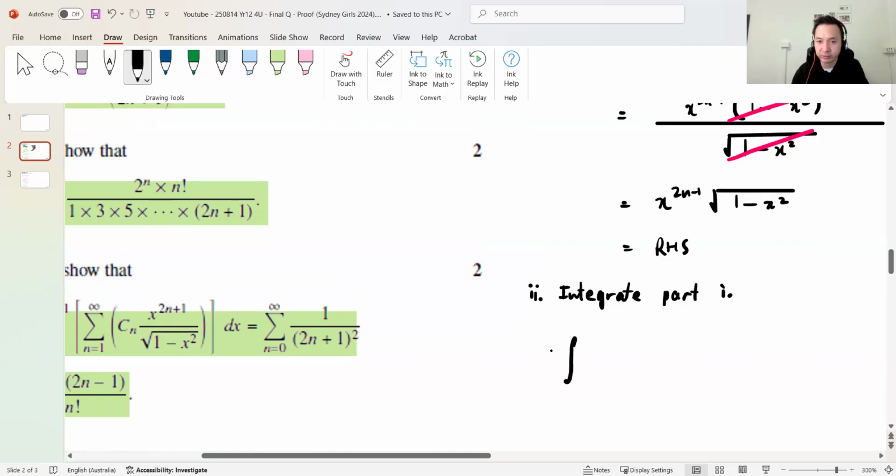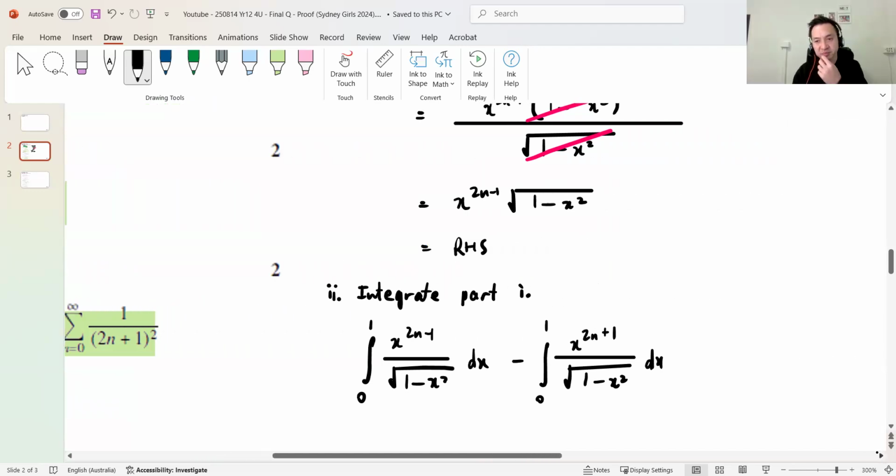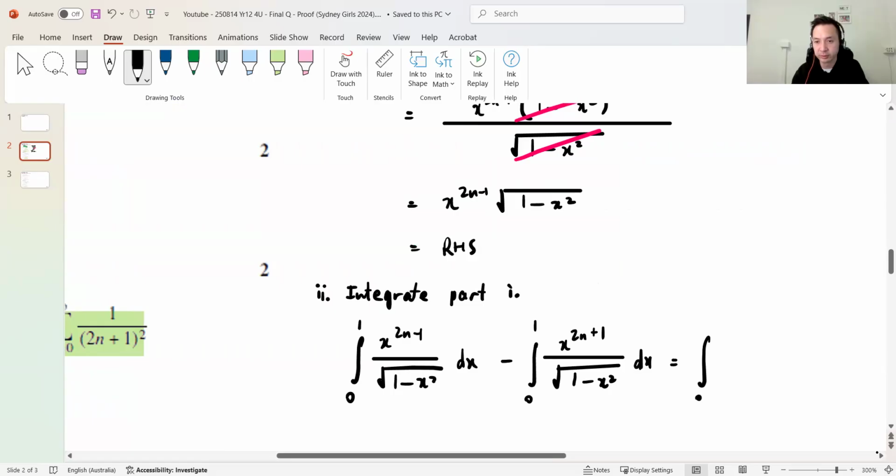You get the integral from 0 to 1 of x^(2n-1) over the square root of 1 minus x squared dx, minus the integral from 0 to 1 of x^(2n+1) over root 1 minus x squared dx, equals the integral from 0 to 1 of x^(2n-1) times root 1 minus x squared dx.